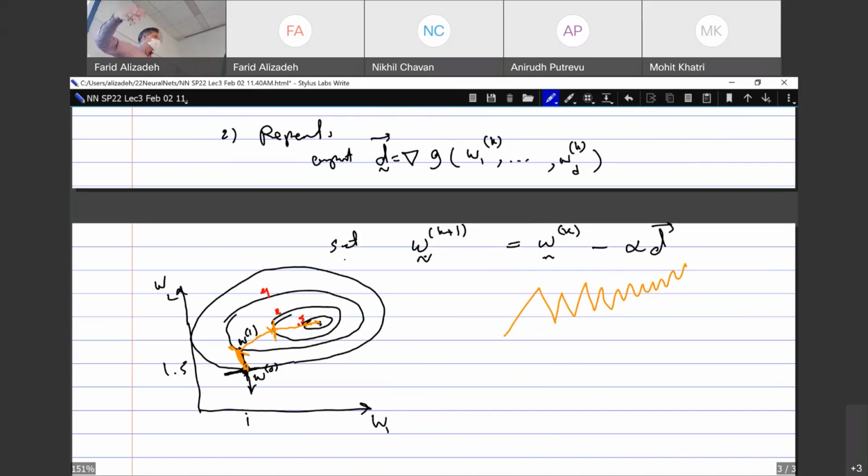So you can set a tolerance like 10 to the minus 3. If the norm of the gradient, the length of the gradient, is 10 to the minus 3 or less, then stop. You're close enough. There are other criteria, like the difference between W_k and W_{k+1} is nothing. In other words, it hasn't moved at all. It's just stagnating.